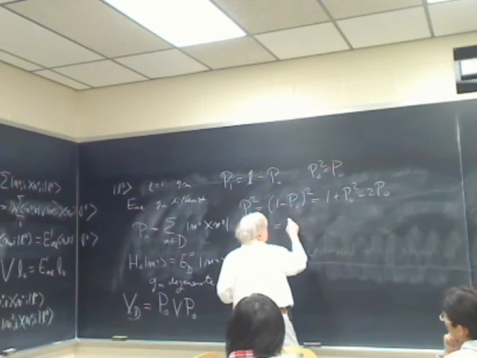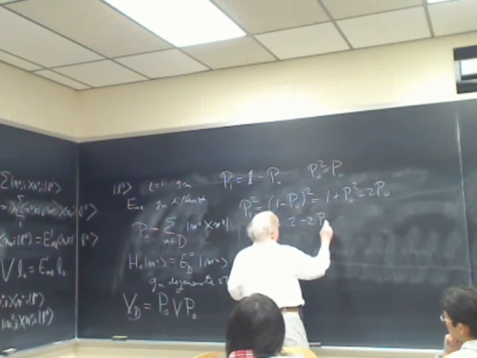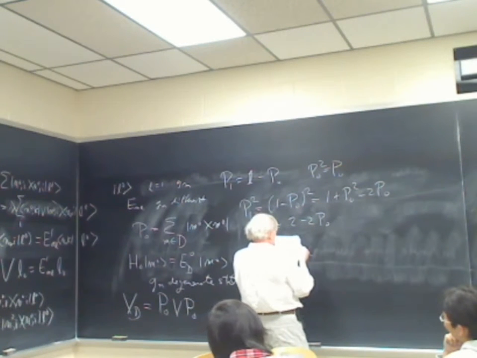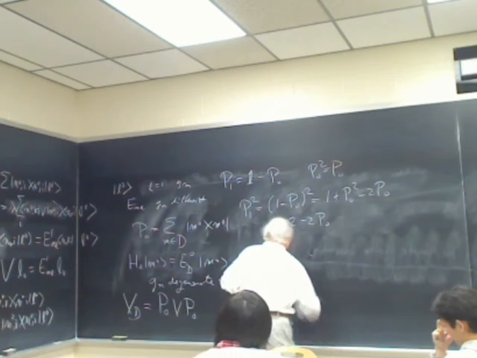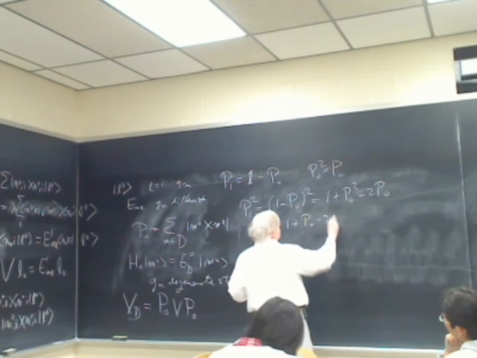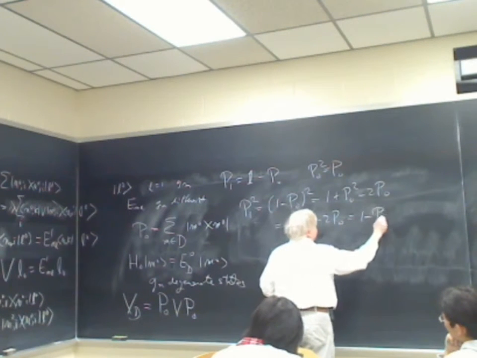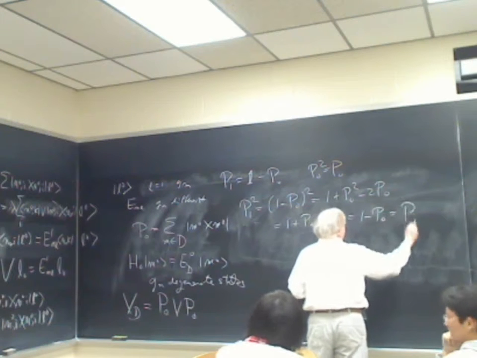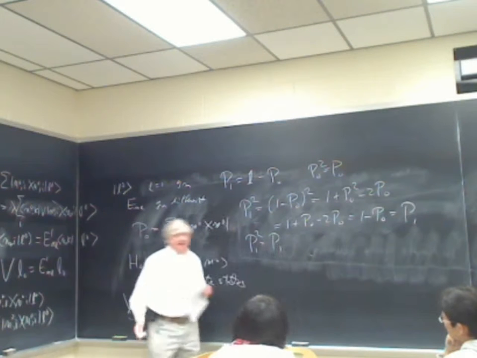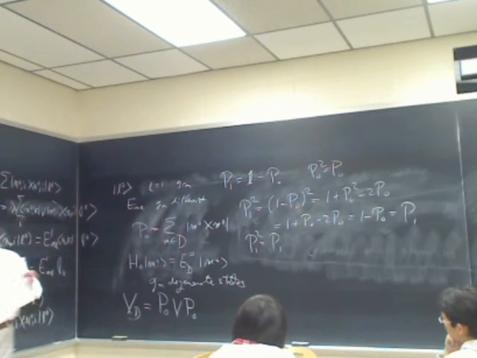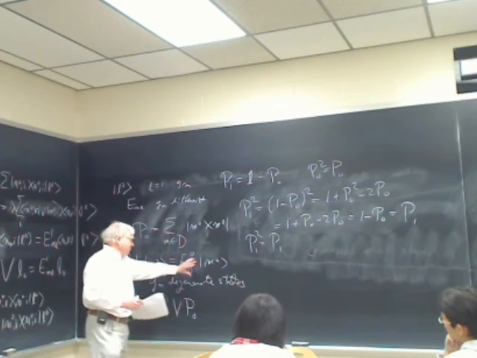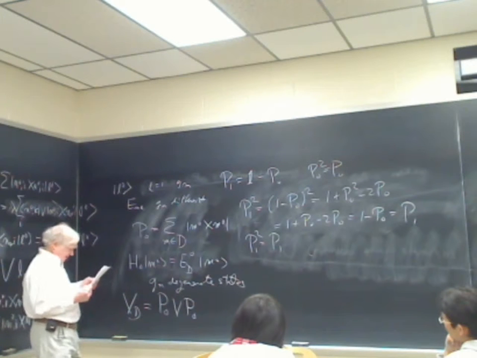So this is 2 minus 2 P0. Wait a minute, I've got this wrong. So this is 1 plus P0 minus 2 P0, so this is 1 minus P0, which is equal to P1. So in other words, P1 squared is P1. So P1 is the projection operator onto the space that is everything except the space spanned by the degenerate states. So this is another projection operator.